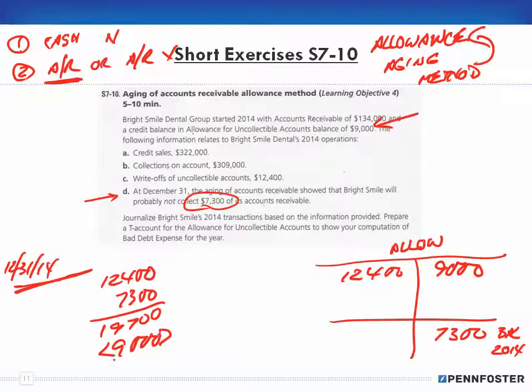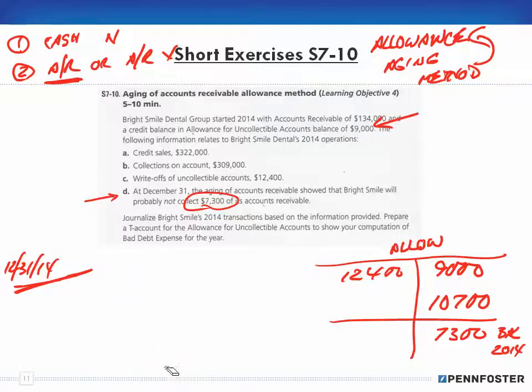That gives me a balance of $10,700. So I have to make an adjustment for $10,700 to my allowance account.